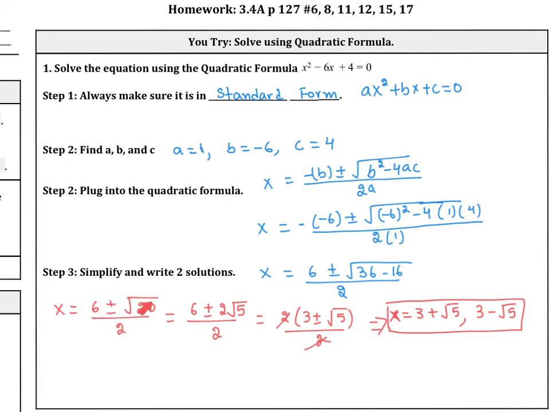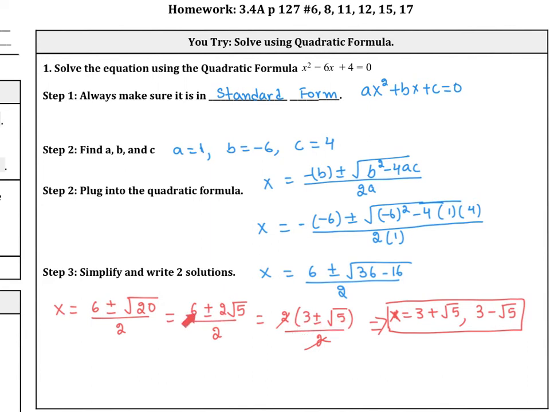Break down the 20 as 4 times 5. So you get 6 plus or minus 2 square root 5, over 2. You can divide the 6 by 2 and the 2 by 2, and you get 6 divided by 2 is 3 here, and 2 divided by 2 is 1 here. So you're going to get 3 plus or minus square root 5.